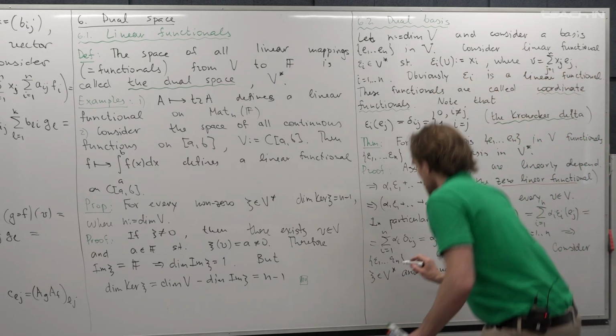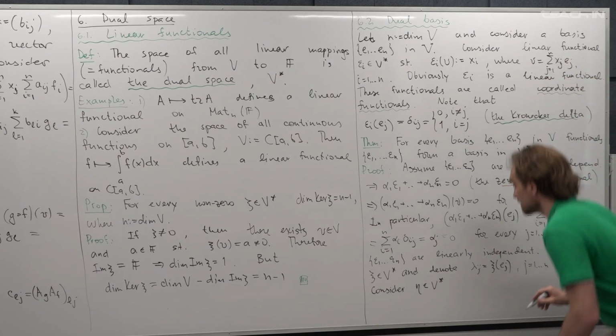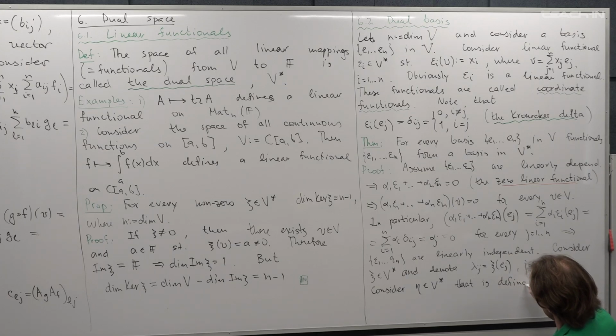And consider another linear functional. Consider eta from the dual space that is defined as the linear combination of these functionals with these coefficients.